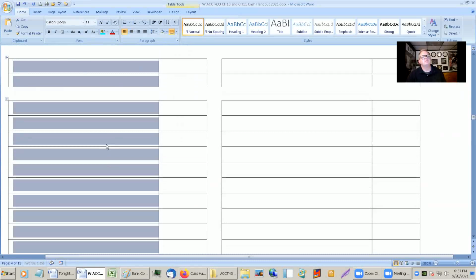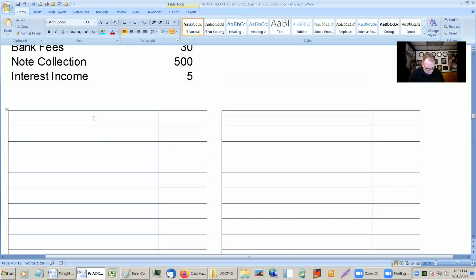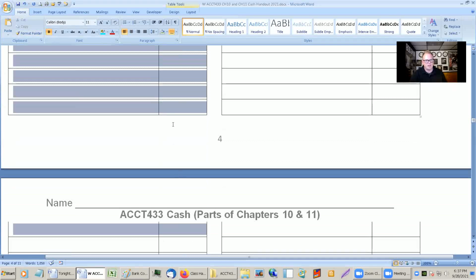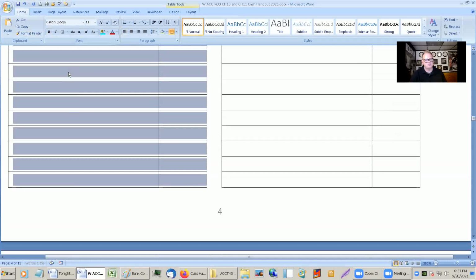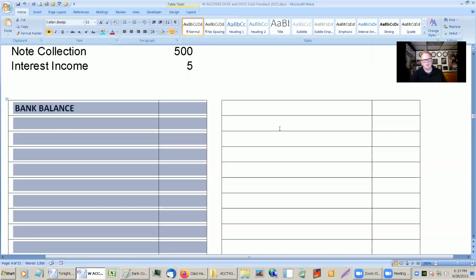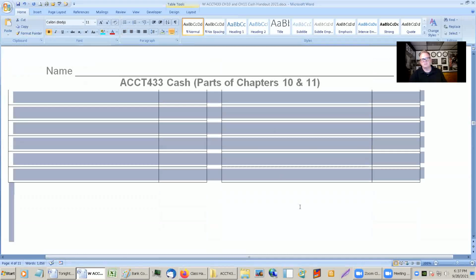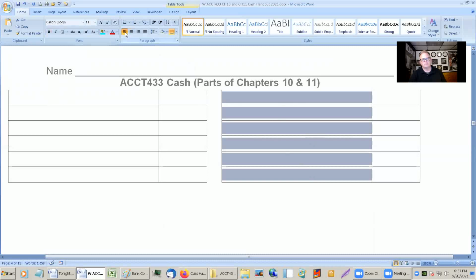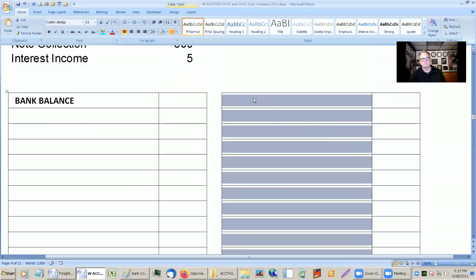I'm going to put caps on, not because I'm angry, but because you can see it better. We start out with the bank balance. And over here, we'll have the book balance.